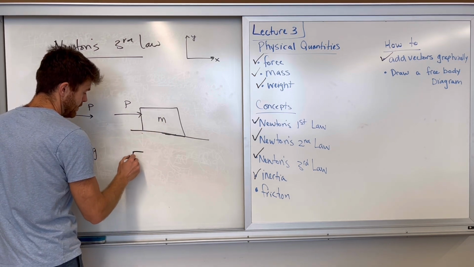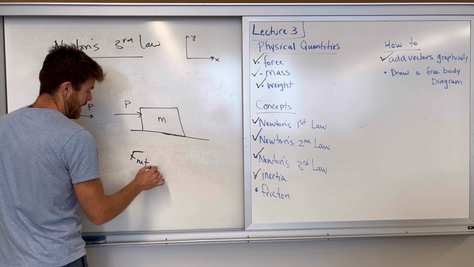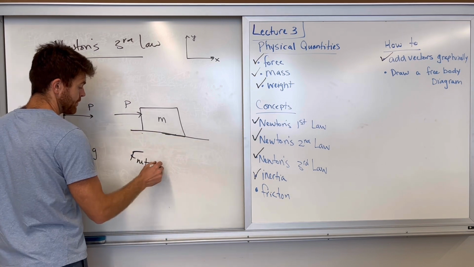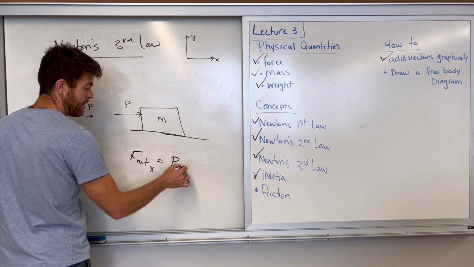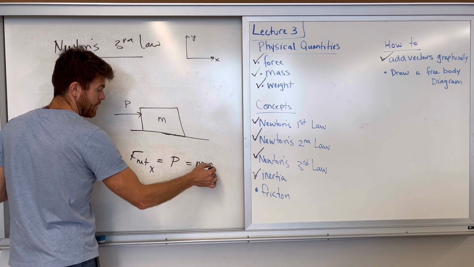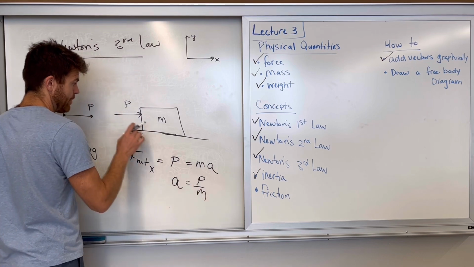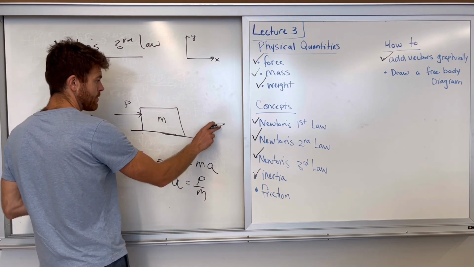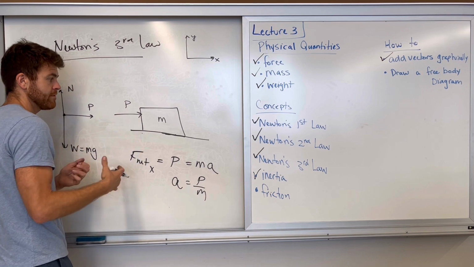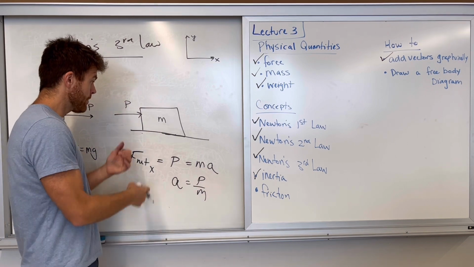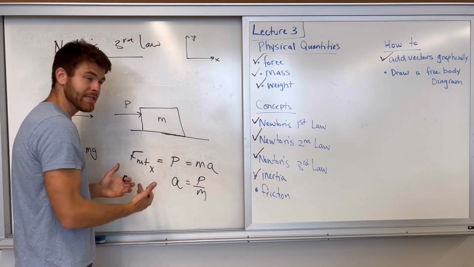The net force in the x direction, the horizontal direction, would be P, which equals ma. Its acceleration would be P divided by m, equal to this force divided by its mass. But that's not happening. It's at rest.